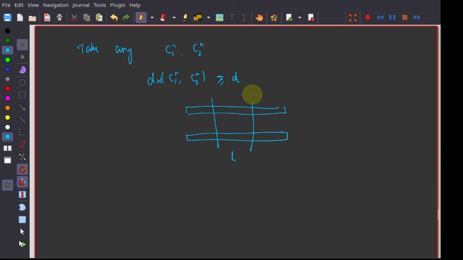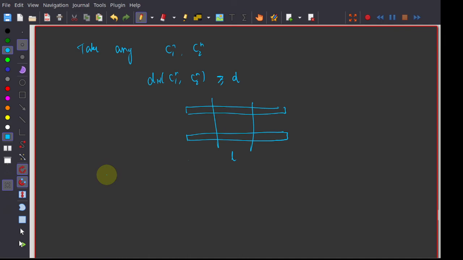In general, I'm telling you that at least d locations are different, and I'm basically removing a chunk. Maybe I remove the first L locations. So all you will see is the remaining n minus L length code words. So what can you say about the Hamming distance in these locations? It should be at least d minus L, correct?